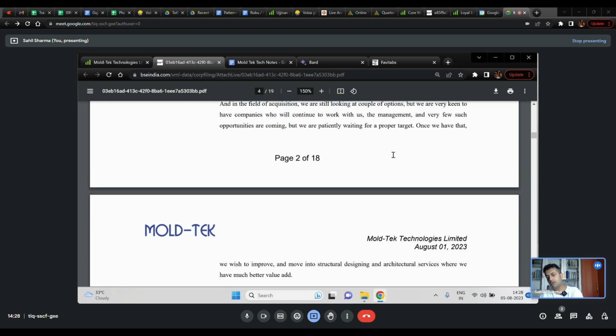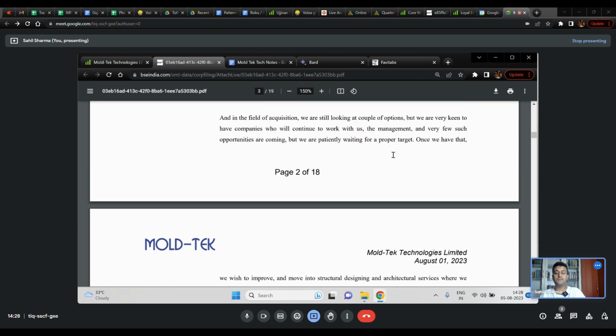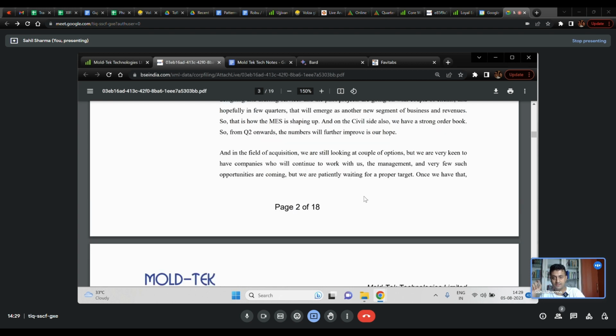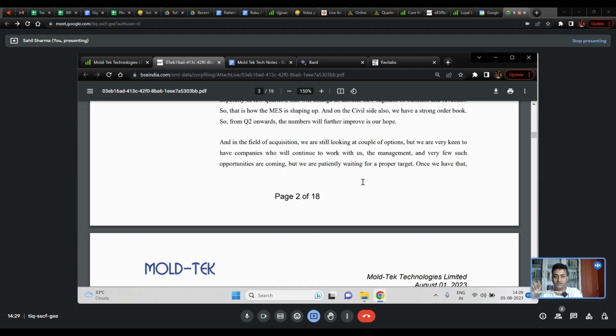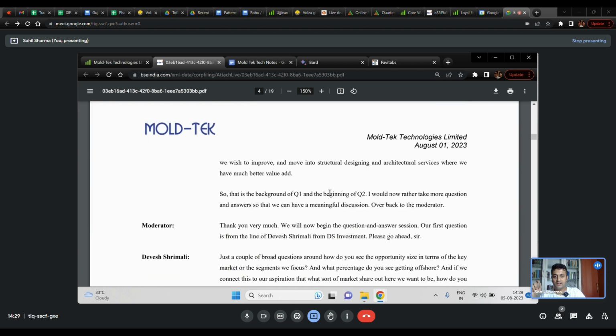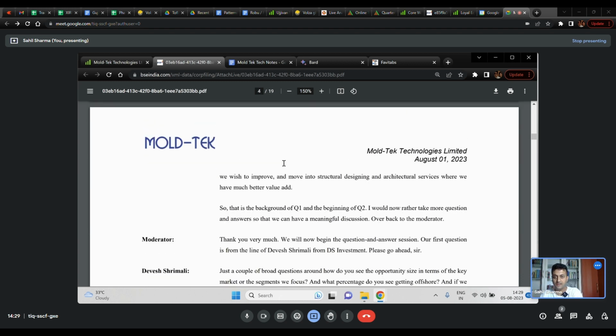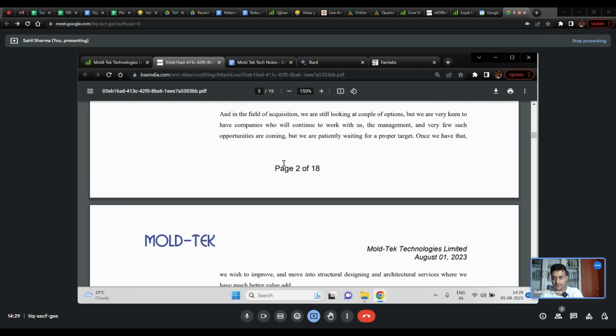So here he has talked about a very important aspect of it, which is the strategic intent of the company. The fact that they want to do an acquisition and they're looking at a few options, but it's primarily for getting the capabilities and going into structural designing and architectural services, right? So let's quickly add this. This is an important part to add in strategic intent.